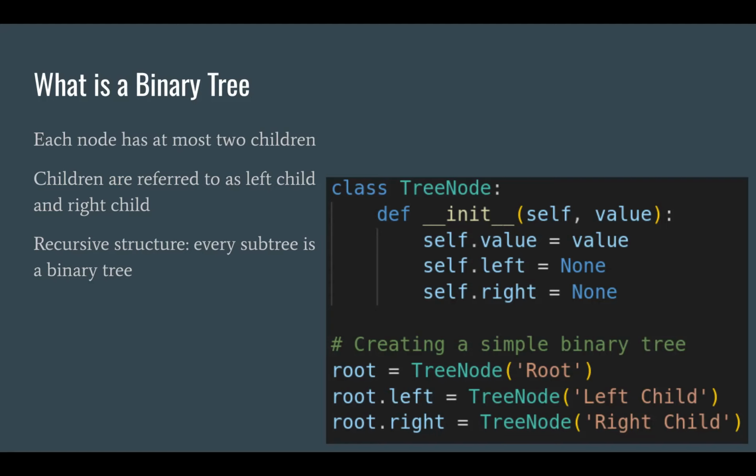This constraint introduces a simple yet powerful structure that underlies many systems and algorithms, from file systems to databases. The beauty of binary trees lies in their recursive nature, which means every subtree is a binary tree in its own right, offering elegant solutions to complex problems.